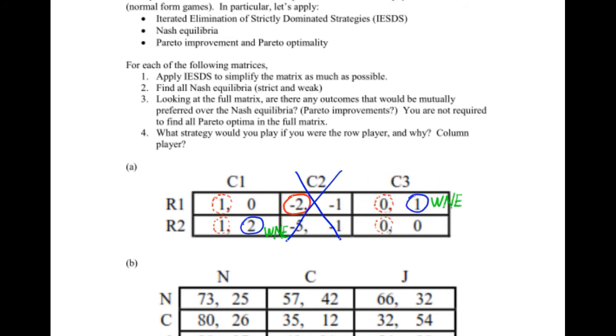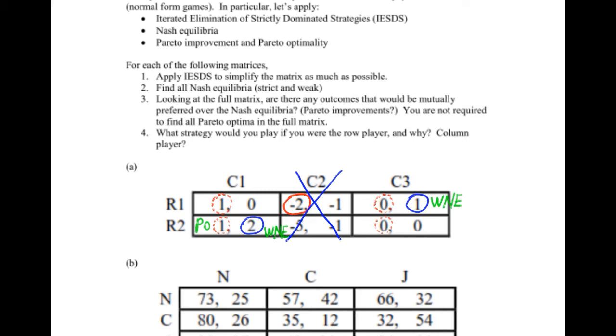So that must be a Pareto optimum. Continuing on, if we look over here, we can get an improvement by moving down here. And likewise, if we start here, we can get an improvement by moving here. So this is the only Pareto optimum in this reduced matrix.